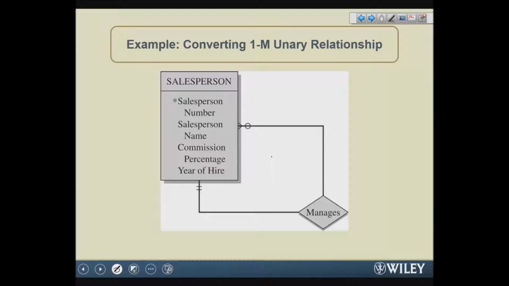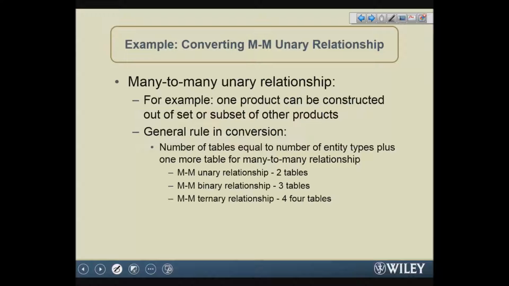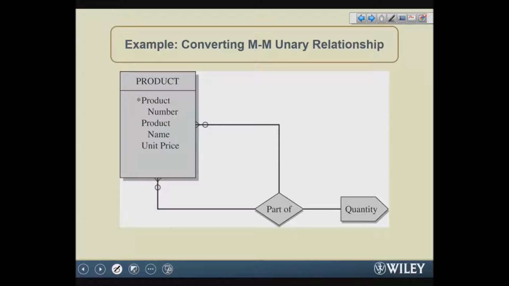We will do the same as earlier. We will create a table with all the attributes that we have here, and we will add a manager ID or manager number. This here just tells you the rule of thumb, how many tables and so on.